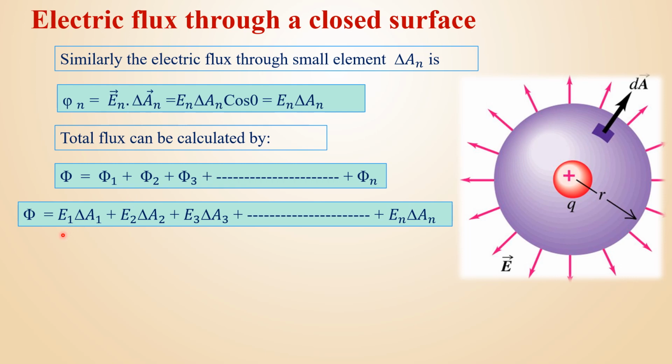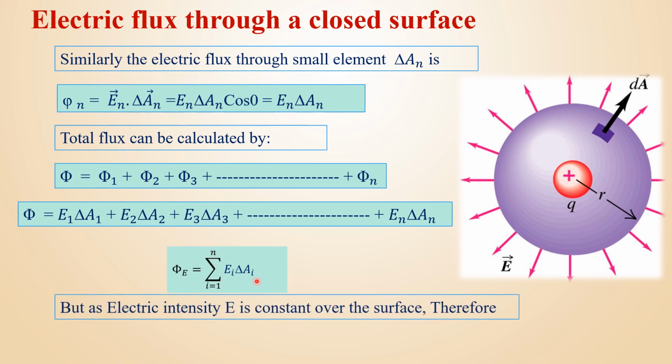By putting the values of phi 1, phi 2, phi 3 and phi n, we get phi equals E1 delta A1 plus E2 delta A2 plus E3 delta A3 plus so on till En delta An, and phi equals summation i equals 1 to n of Ei delta Ai. But as electric field E is constant over the surface, therefore phi equals E summation delta A. Let's say equation A.